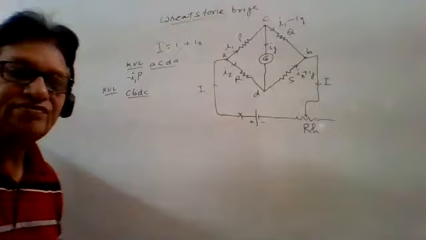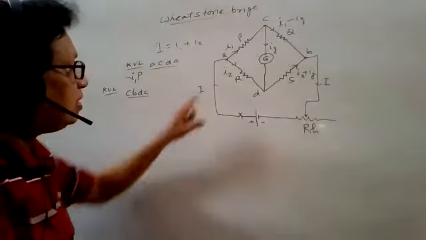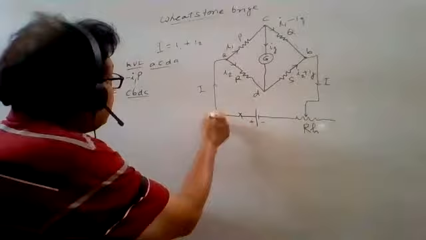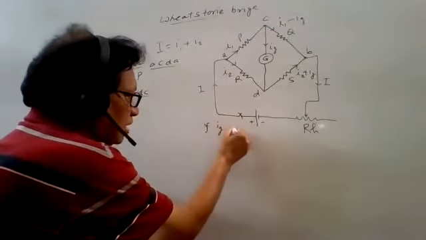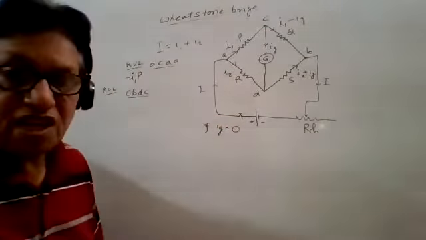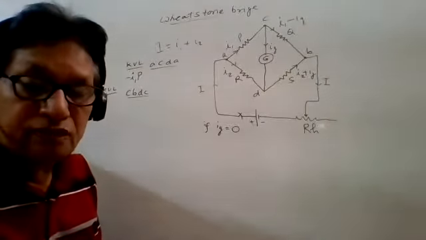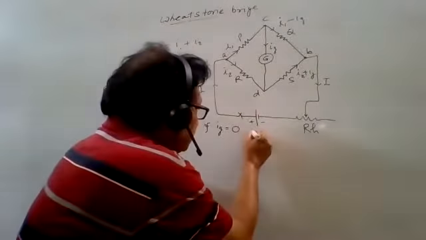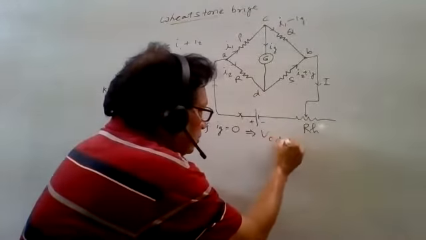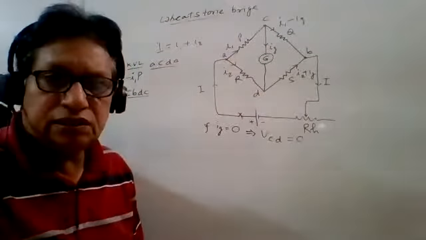If it is so, it is called the balance condition. If the current passing through the galvanometer is 0, it is only possible if the potential drop across this galvanometer is 0. So VCD, the potential across the galvanometer between points C and D, is 0.